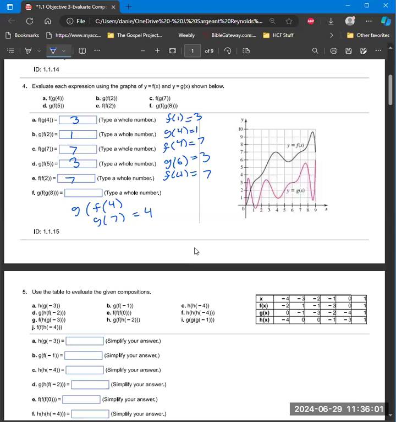Let me check that again. G of f of g of 8. G of 8 is 4. F of 4 is 7. G of 7. Yeah, 4.